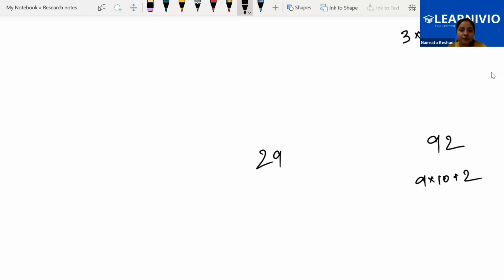It will be 2 into 10 plus 9. Perfect. Can you see, the same digits 2 and 9, but since we are changing their place, the expansion is also getting changed, according to their place value, tens place, ones place.